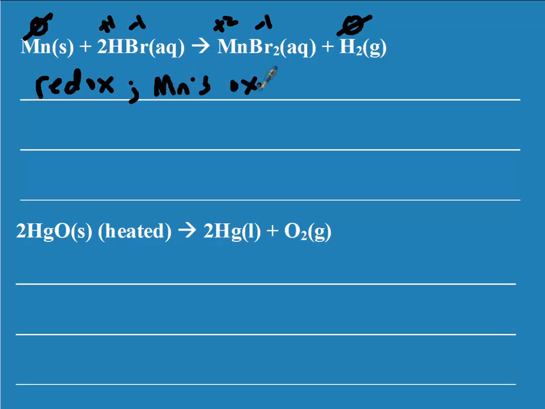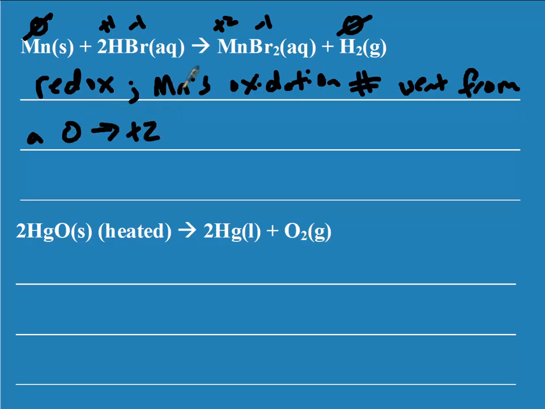Manganese's oxidation number, again, oxidation number, not charge, went from a 0 to a +2. So manganese was oxidized, meaning it lost electrons.